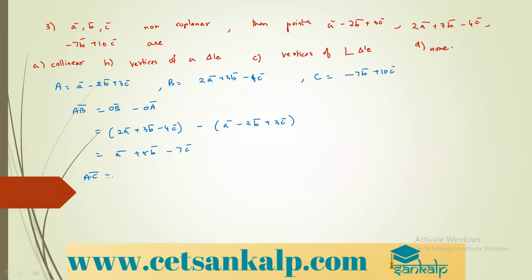Similarly, we can find AC vector by taking OC vector minus OA vector. OC vector is minus 7B plus 10C, minus OA vector which is A minus 2B plus 3C, which will give us minus A minus 5B plus 7C.